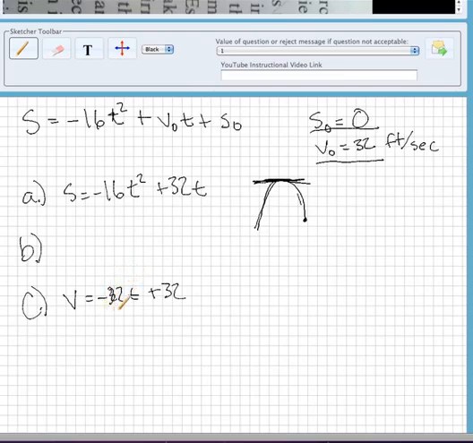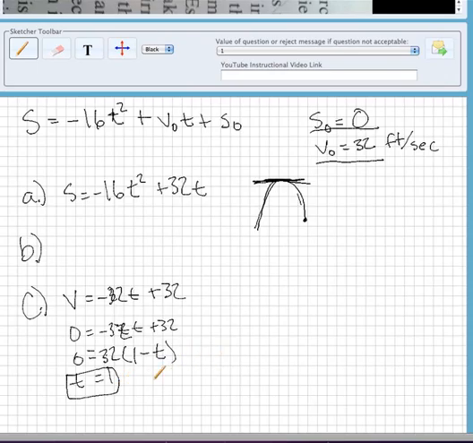So when velocity equals 0, we get negative 32t plus 32 equals 0. You take out 32, and it's 1 minus t equals 0. And so when t equals 1, that is when the top is.